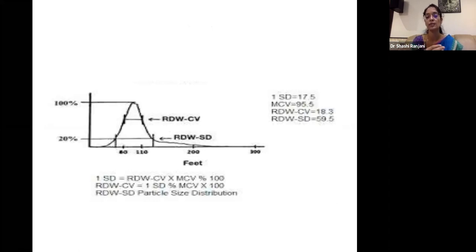One is the RDW coefficient of variation, and the other is the standard deviation. What we generally use is the RDW CV because this takes MCV into account. And this RDW SD is actually the variation at 20%. So what we generally use is RDW CV.